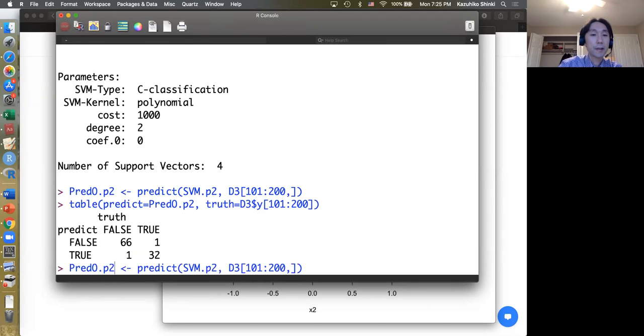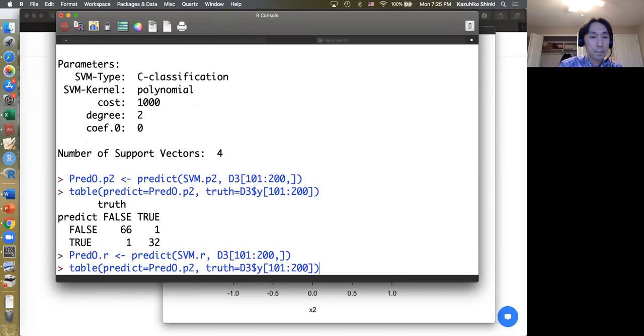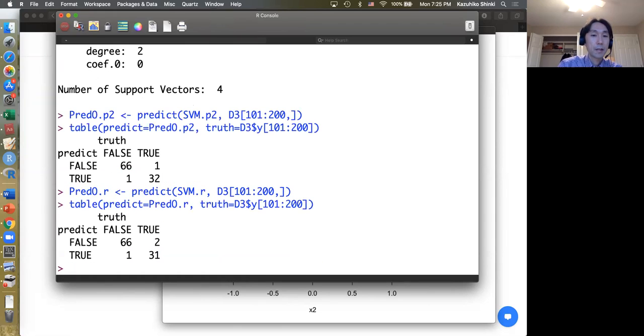And how about the radial basis function, SVMR? Okay, so 3. This is pretty good, but 97% correct and 3 observations incorrect. So probably the polynomial with degree 2 is the best kernel for this one, because we know that the boundary is a quadratic curve.